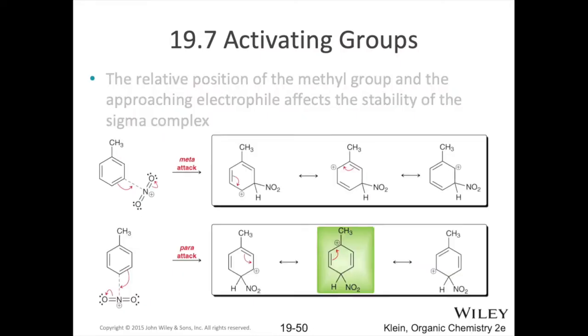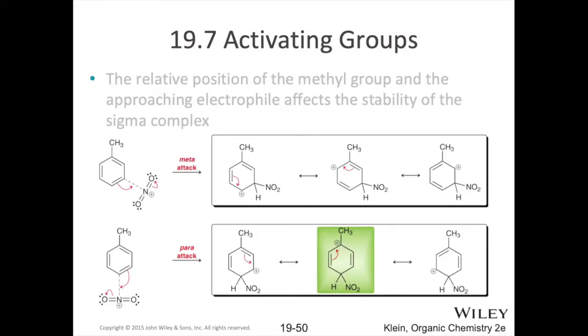What about for meta and para position? So if we have our nitronium ion add on at the para position, notice that we also wind up with an intermediate, one of our resonance structures, where that positive formal charge is on the carbon that our alkyl group is attached to.